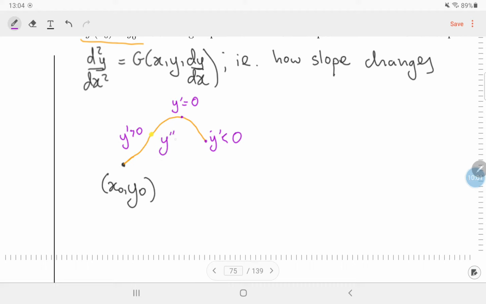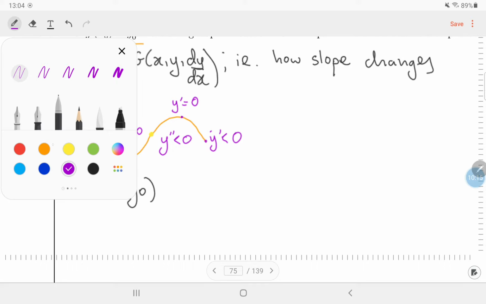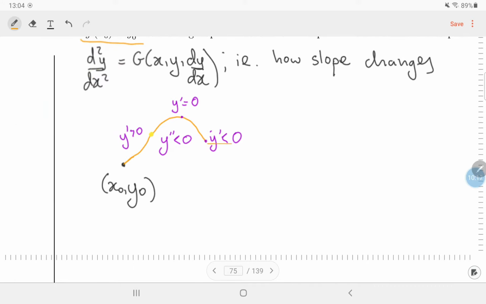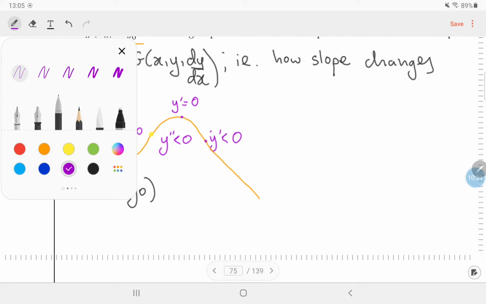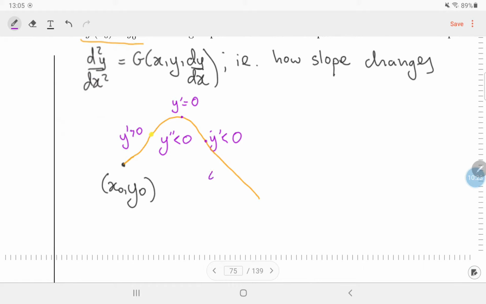So the slope has gone from positive to 0 to negative. So the second derivative is negative, because the second derivative is the rate of change of the slope. If the slope is going from positive to 0 to negative, the slope is decreasing, so the rate of change of the slope is negative. That is, the second derivative is negative. Then you can get bits where the slope doesn't change at all, so the curve looks like a line. These are places where the second derivative is close to 0.